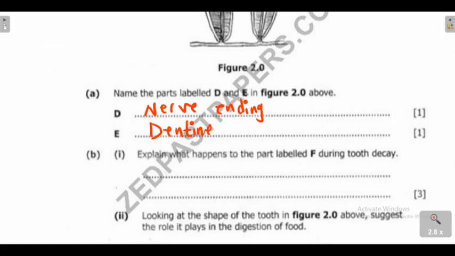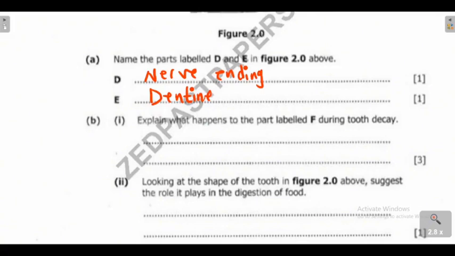Okay, we have now come to question B. Question B reads, explain what happens to the part labeled F during tooth decay. The part labeled F in the diagram above, we have stated that this is the enamel.